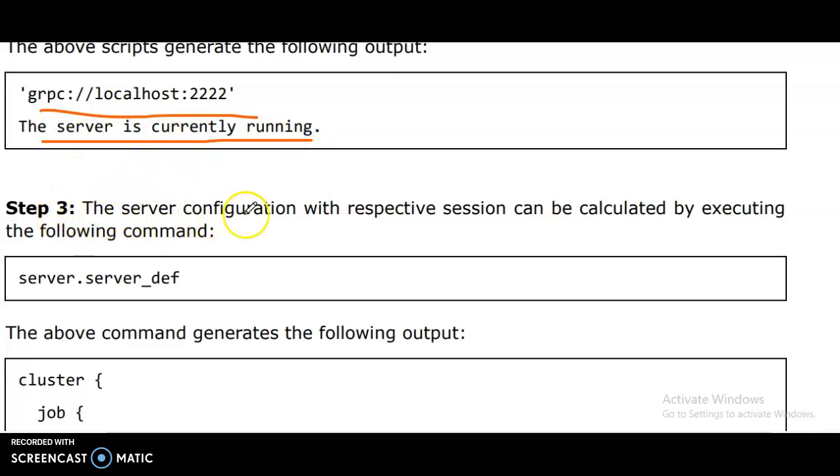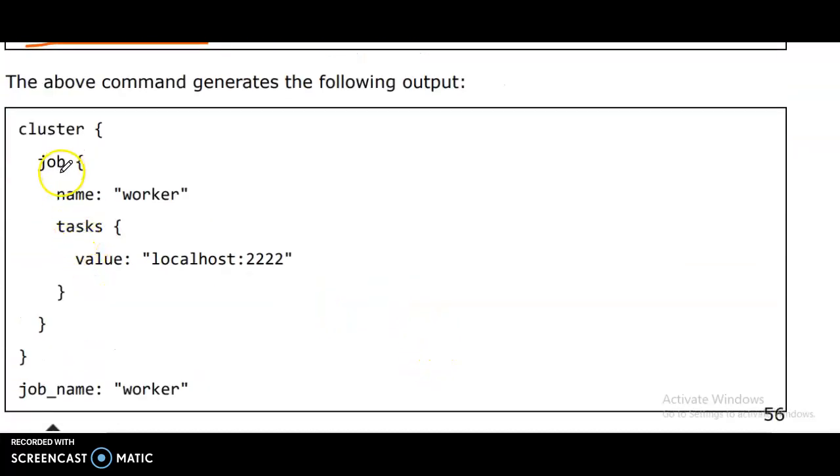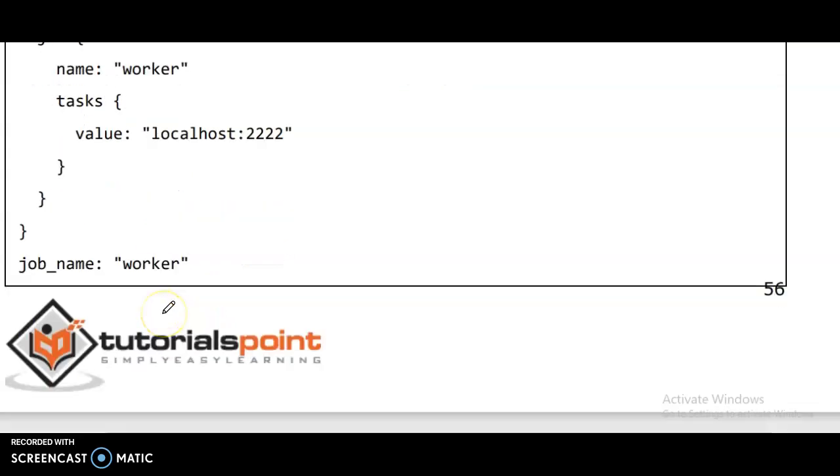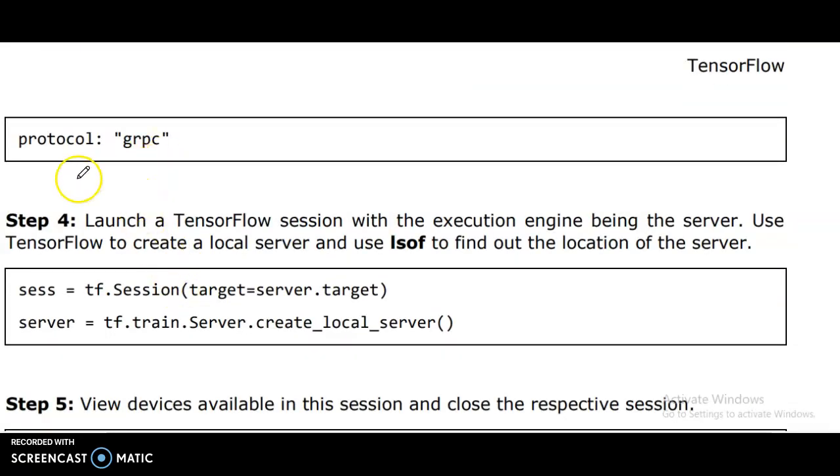Step 3. The server configuration with respect to the session can be calculated by executing the following command: server.server_def. The above command generates the following output: cluster for job name worker, task value localhost:2222, job name worker, protocol grpc.